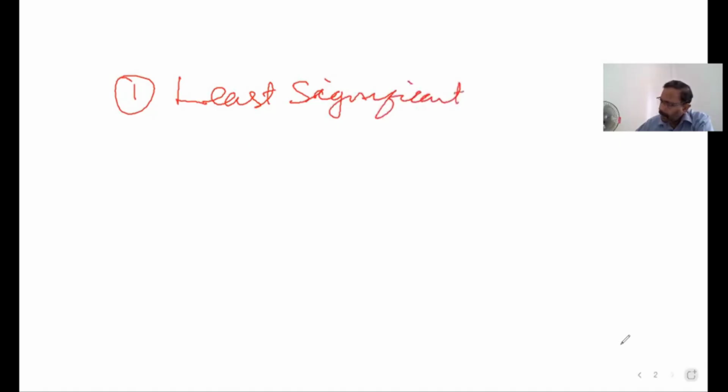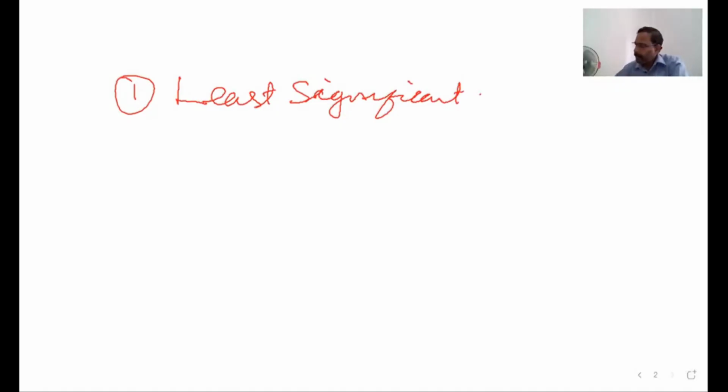Right. In a nutshell, I will explain some mean separation methods. One is called least significant difference. It's called LSD, not the Latin square design. This is least significant difference. This is one method.